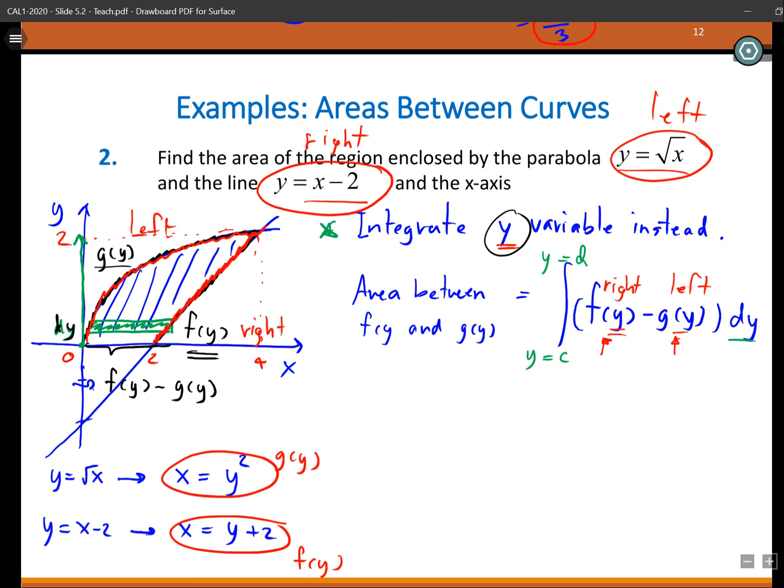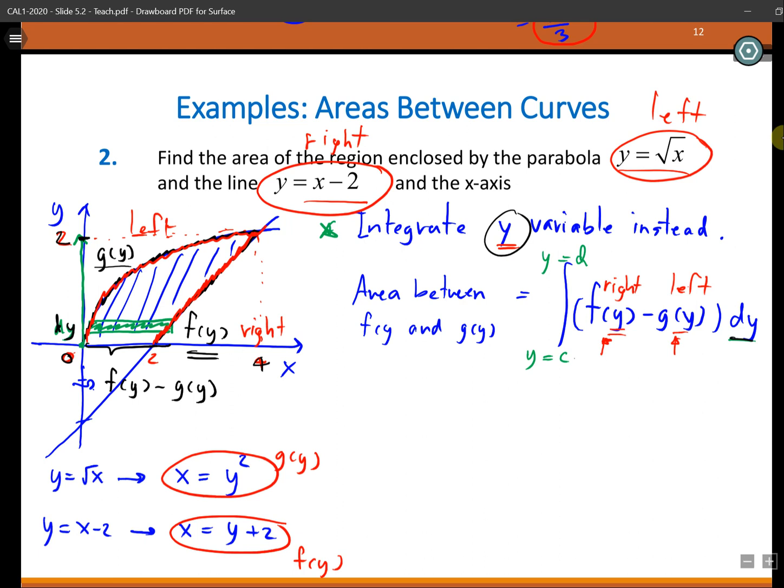What about c and d? Let's take a look at the shape. c is the y value of the starting point, that is 0. What about d? That is the endpoint of the y variable, 2 right here. So this is different from before. Before we looked at this x value, but right now we work on the y variable. We have to look at the end of the range on the y-axis, so that is 2.